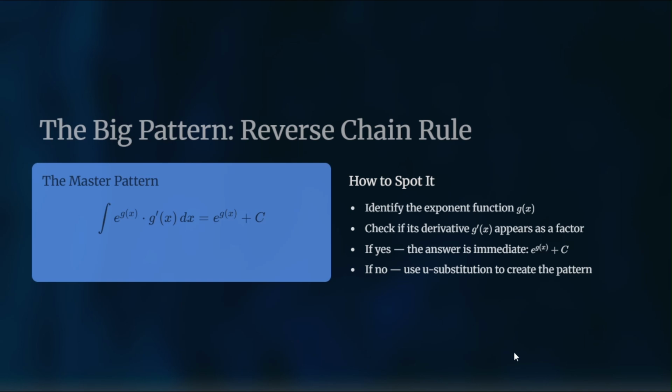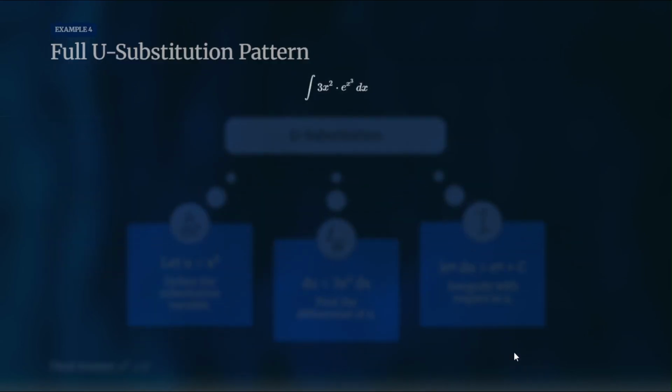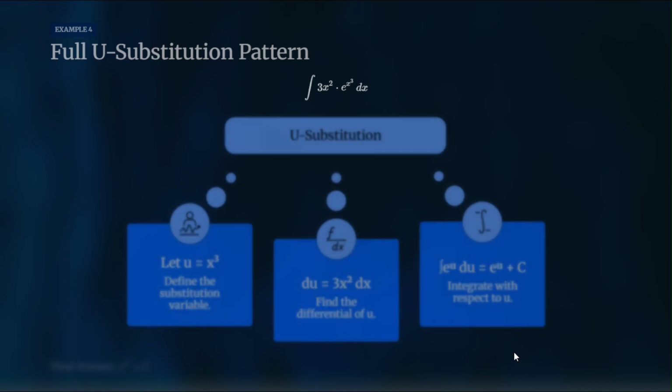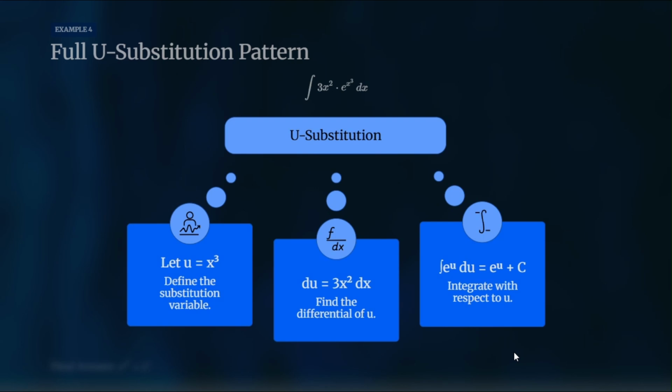So if we look at this next example, we want to integrate 3x squared times e to the power x cubed dx. In this case, our exponent is x cubed. Its derivative is 3x squared dx, which matches what we have here.